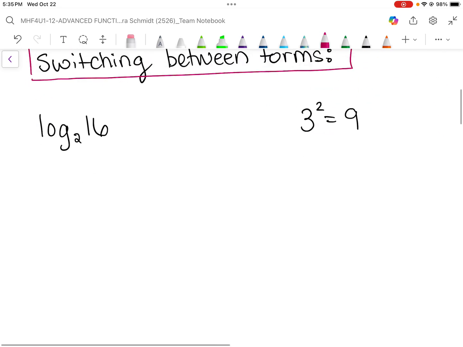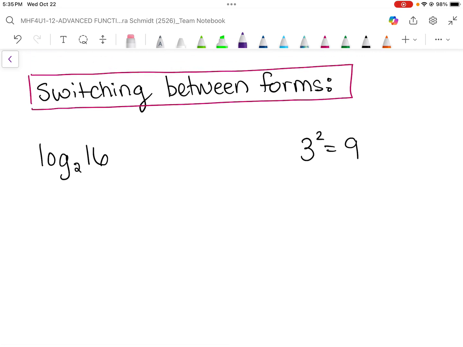Okay, so if we want to switch between forms, we can do that. Let's say log base 2 of 16. We could rewrite that in exponential form by saying 2 to the power, well, maybe I should have made it equal to something.